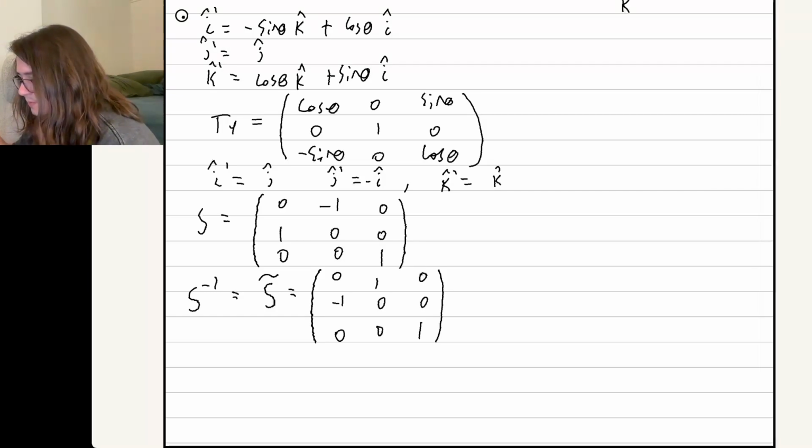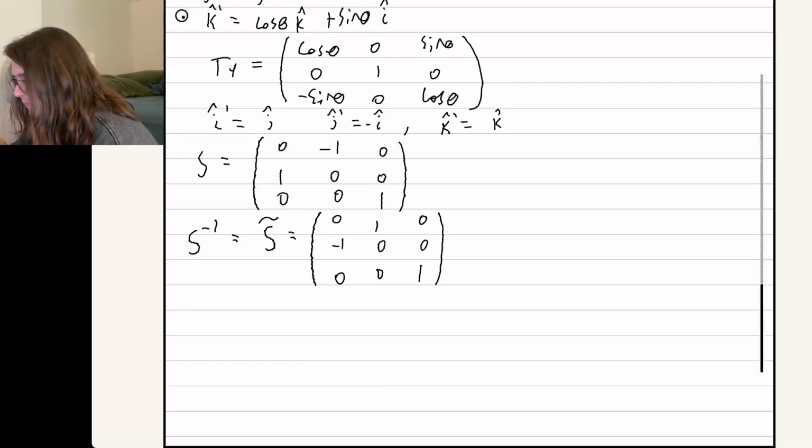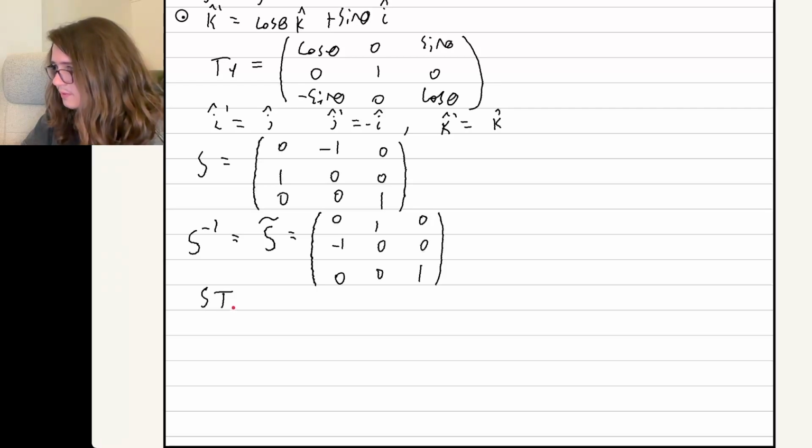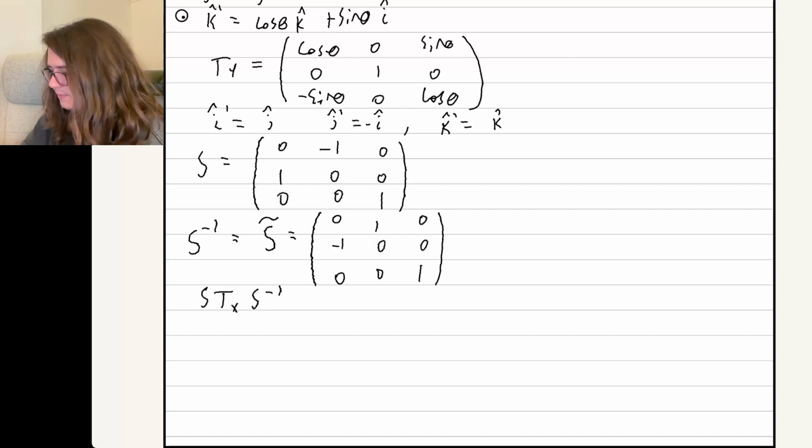So that's cool. So if that's how it is, then what is the quantity S T sub x times S inverse, or in other words, S T sub x S transpose?